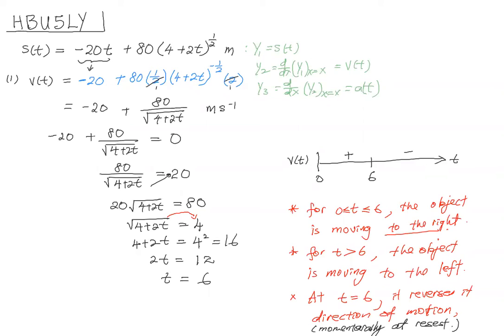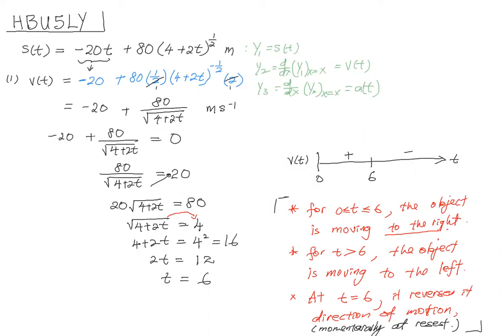From the sign diagram, you must have all this in mind. So we are done with the velocity function and the velocity sign diagram. Whatever I bracket here is not part of the answer. The answer is from here right up to here.